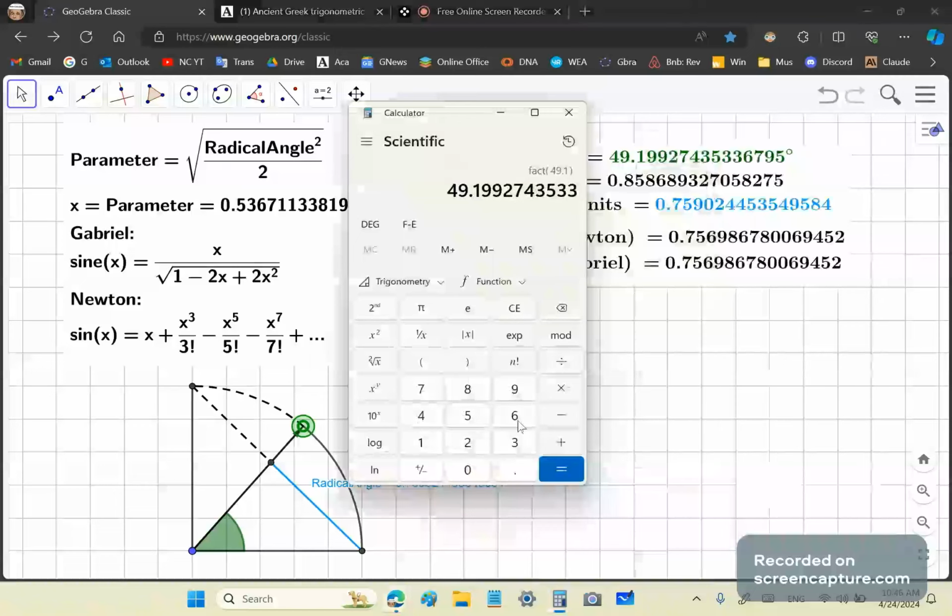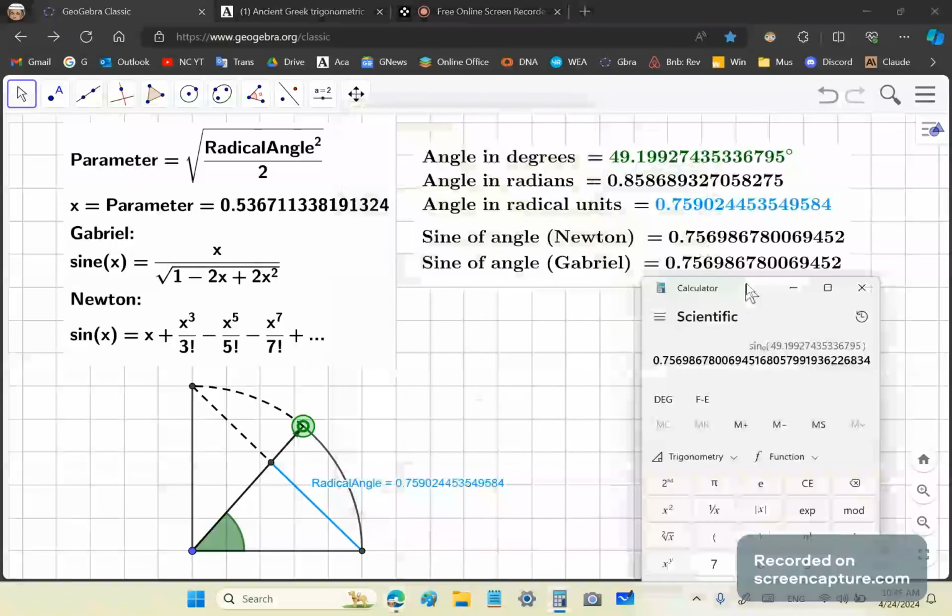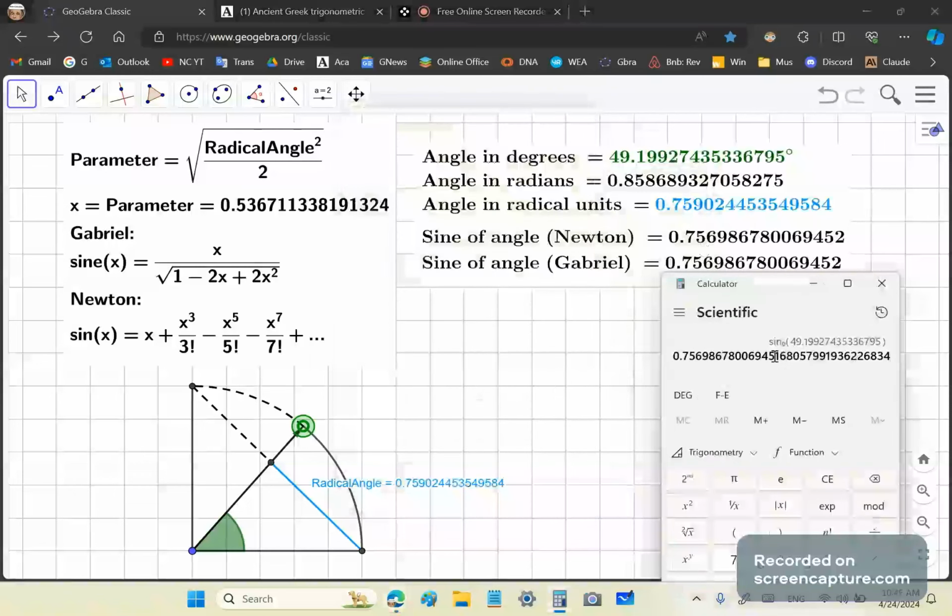It doesn't really matter how far you go. I'm just doing this for the fun of it. And then you just say trigonometry, and once I press sine, I should get the same as these values. Oops, there we go. I do. You see that? Identical. There it is.